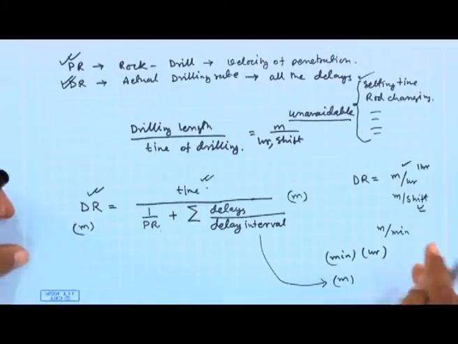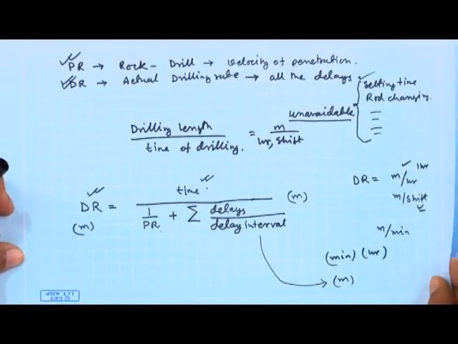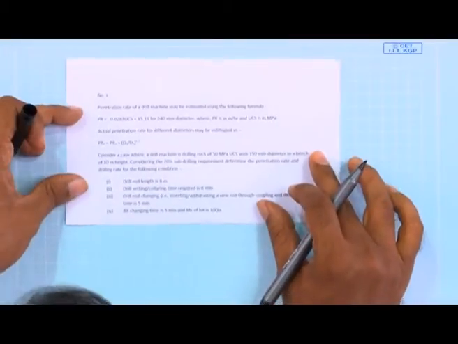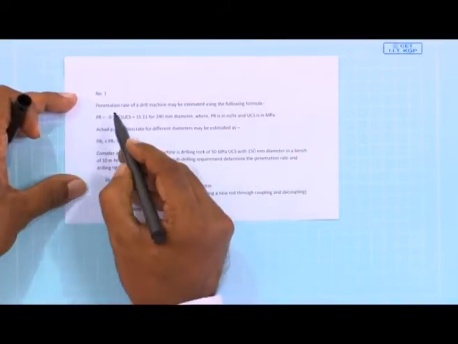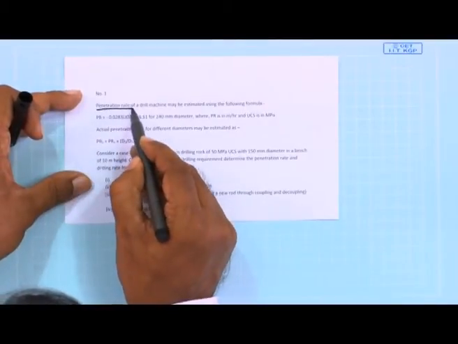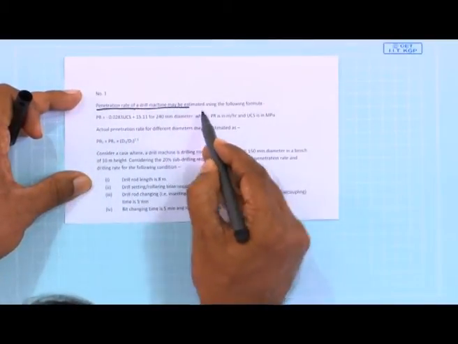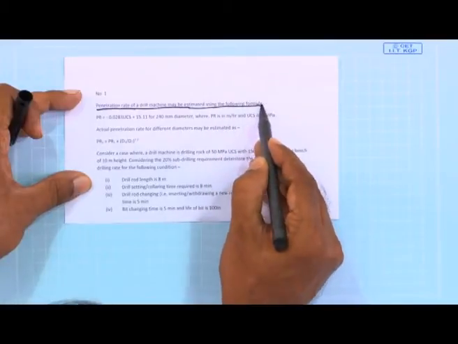So, suppose how we can use this formula. If we solve one problem, then probably it will be better for you to understand. So, let us consider this problem. In this problem, it is expressed the penetration rate of a drill machine may be estimated using the following formula.